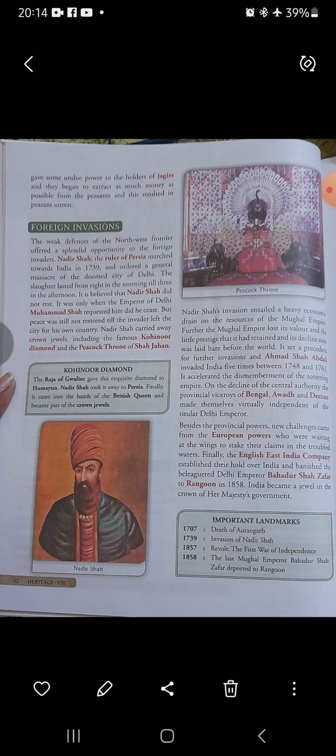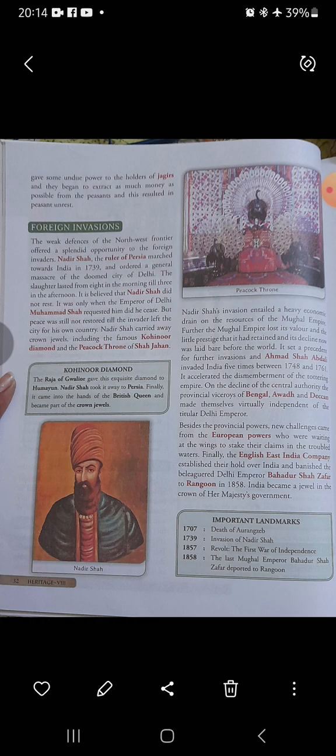Then Ahmad Shah Abdali came, who invaded India 5 times between 1748 and 1761. And just because in Delhi there was no central authority to take over the land, the provincial viceroys of Bengal, Awadh, and Deccan made themselves independent of the titular Delhi Emperor.